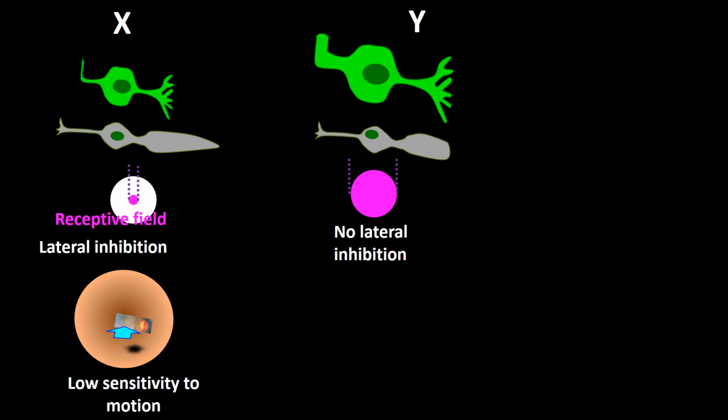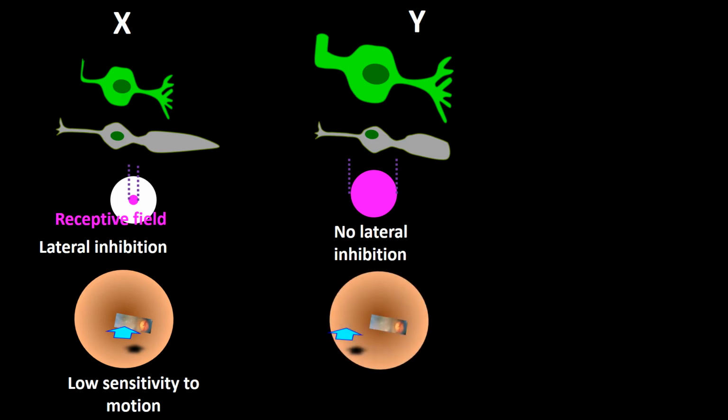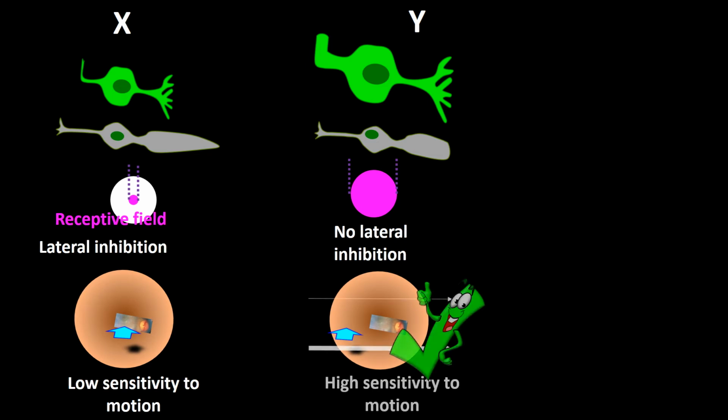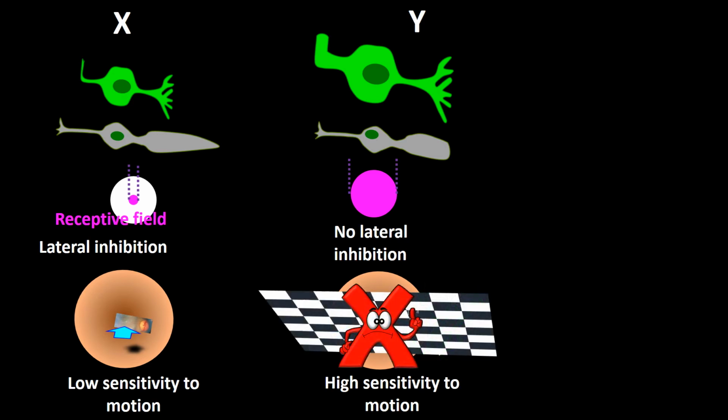The ganglion Y cells are not involved in lateral inhibition. They serve the area outside the fovea. This type of ganglion cells discharge at high frequency when the retina is exposed to moving objects, so we talk of them as being highly sensitive to motion, and they are hardly active when the retina is exposed to patterns.